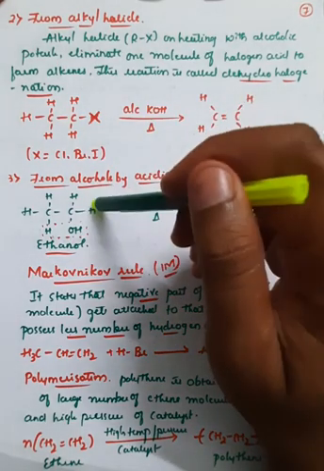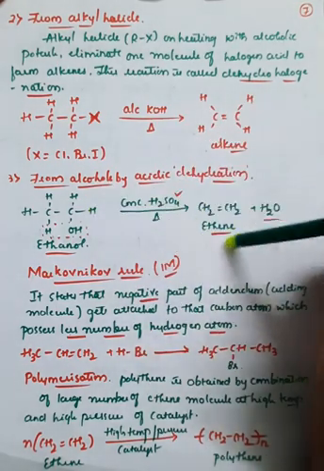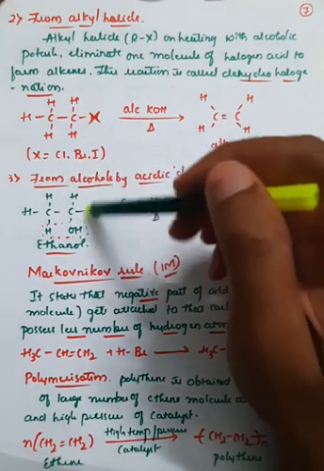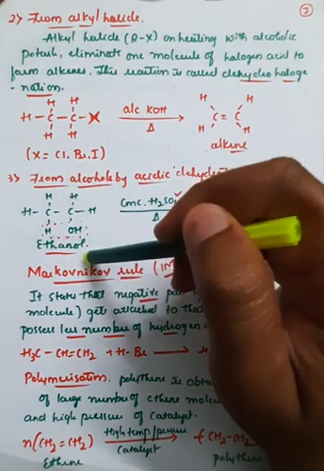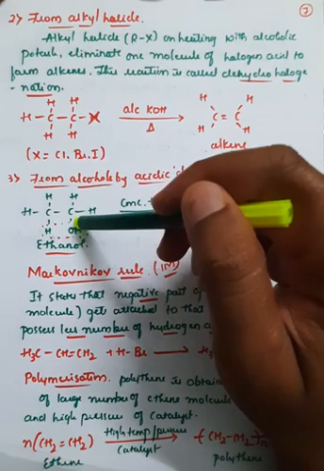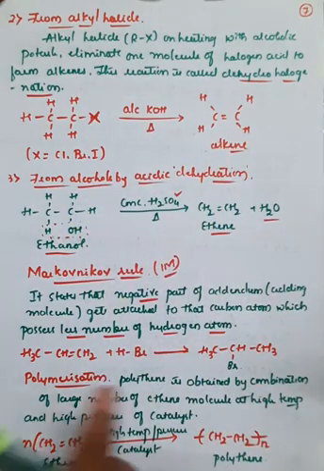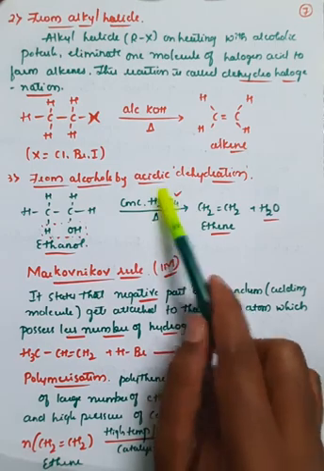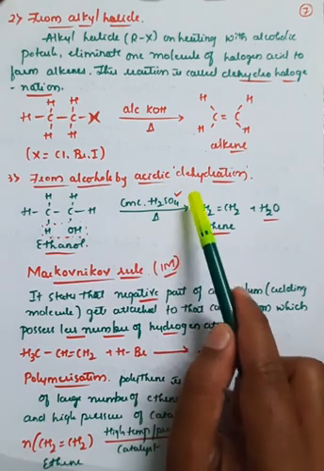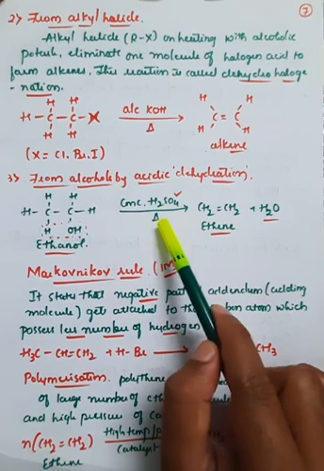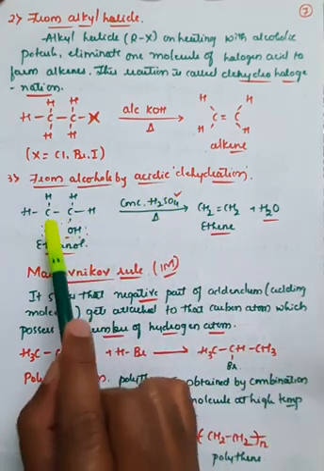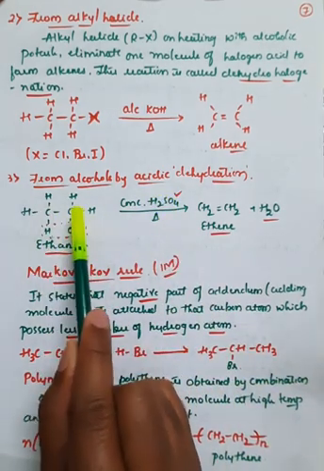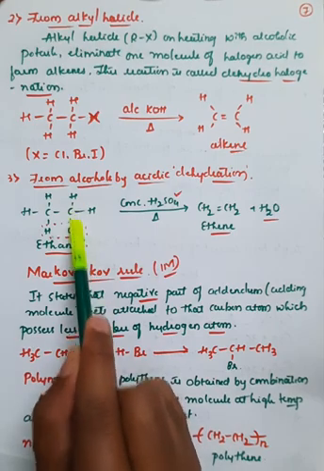The third important reaction is that we can prepare alkenes with the help of alcohols. If you take ethanol, it consists of an OH group, that is the alcoholic group. If you react this ethanol in the presence of a strong acid, that is H2SO4, and heat, there is removal of a water molecule, which means hydrogen from one carbon atom and the hydroxyl group, that is the OH group, from the second carbon atom.